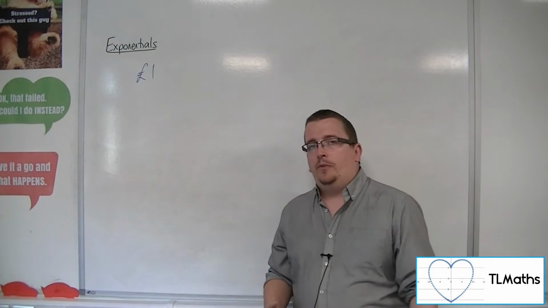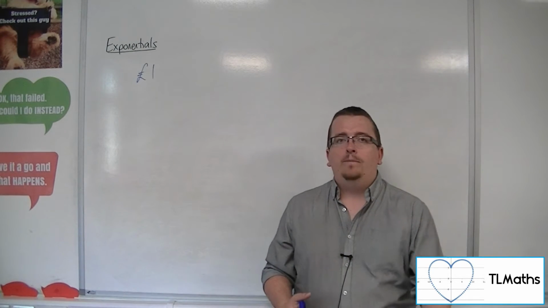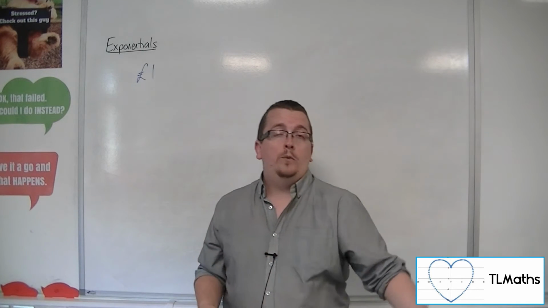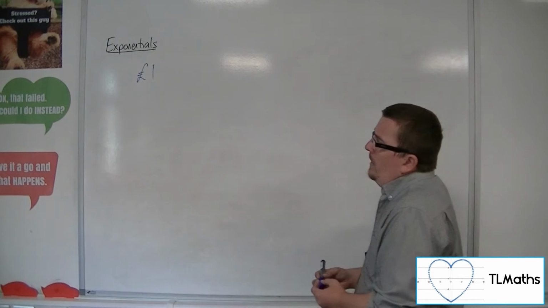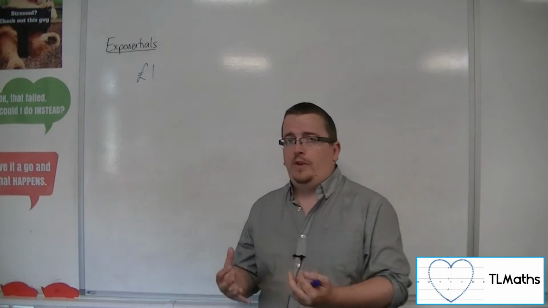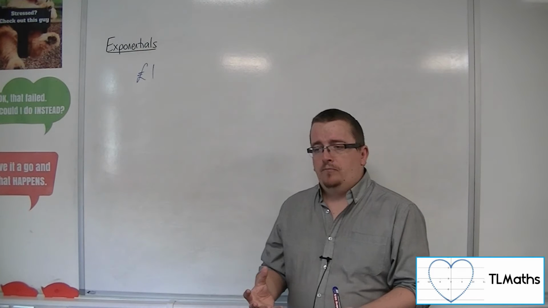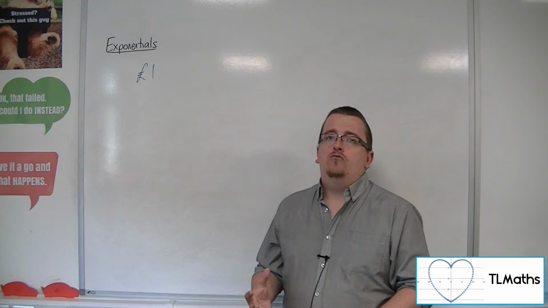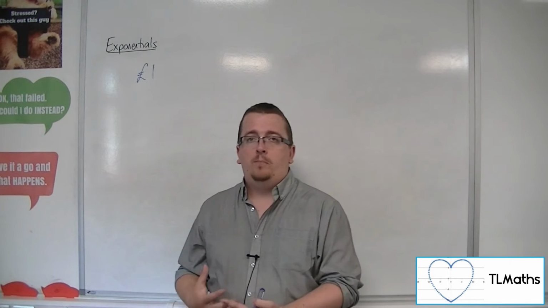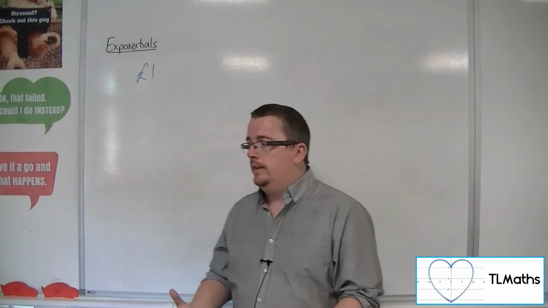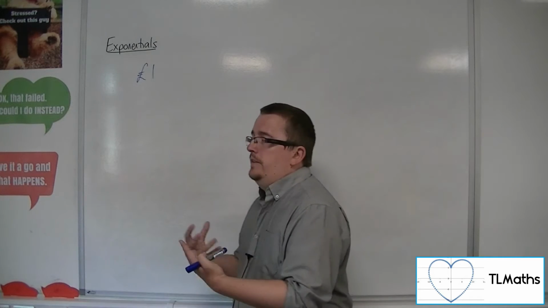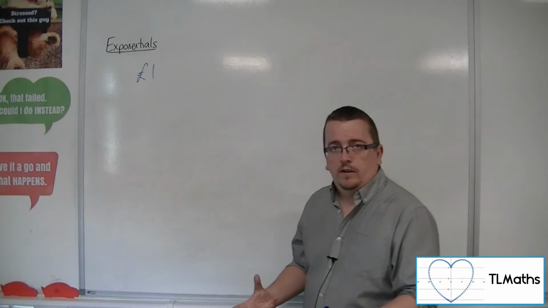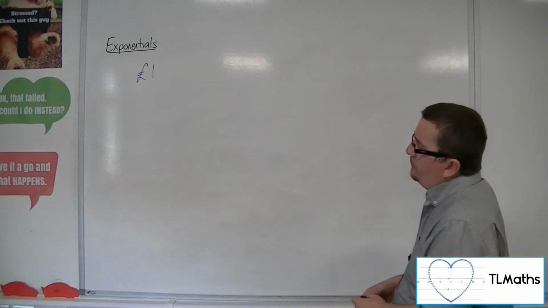Obviously 100% interest rate is a bit far away from what we would expect banks to give us. But that's not to say that 100% interest rate doesn't actually exist in real life when we're thinking about population growth, for example. Okay, so it's not an idea that we can just discard as not having any merit.